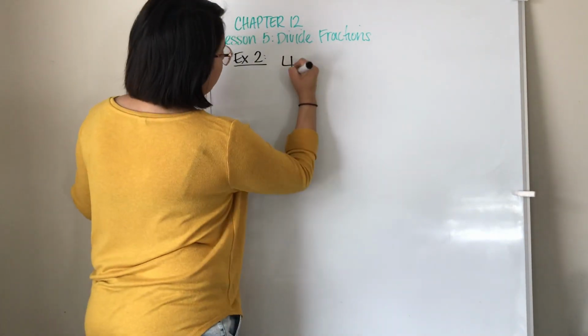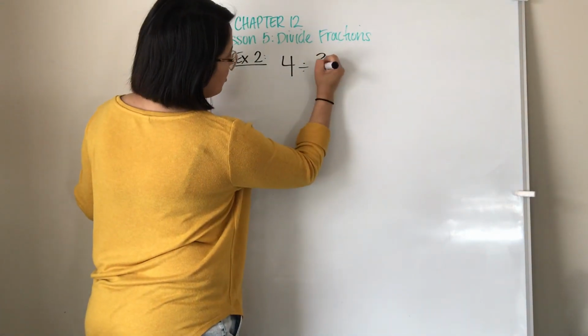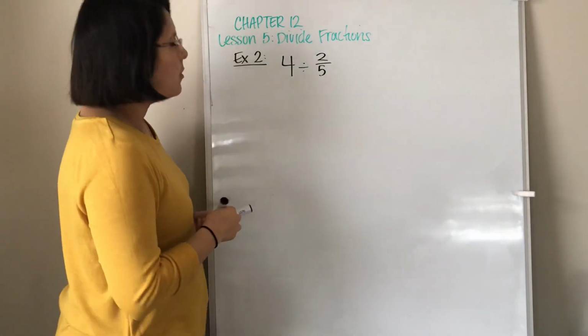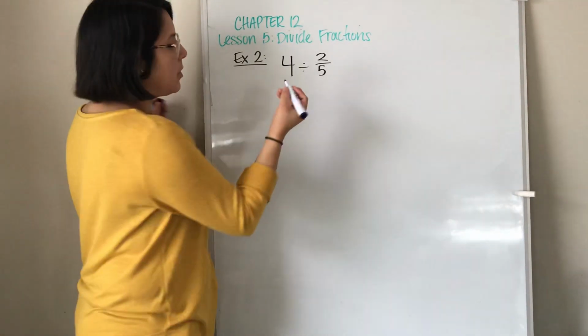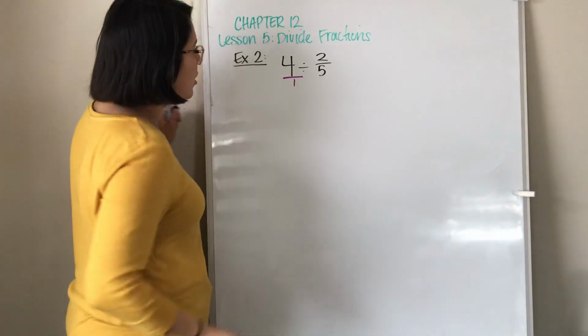We got 4 divided by 2/5. First thing you do, I see that 4, that big 4 by itself. I'm going to draw my imaginary 1 underneath it.